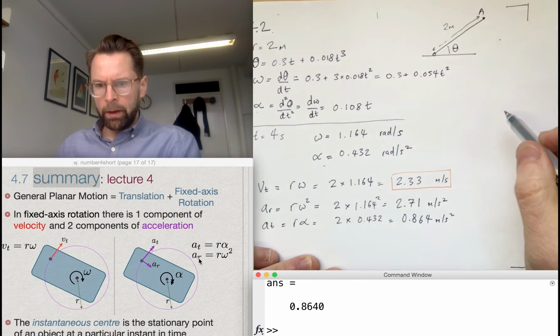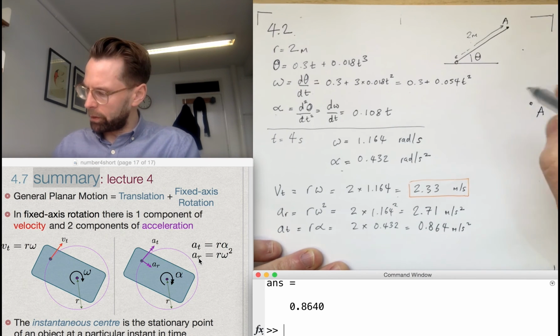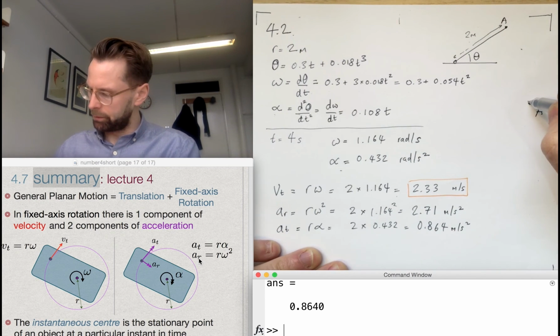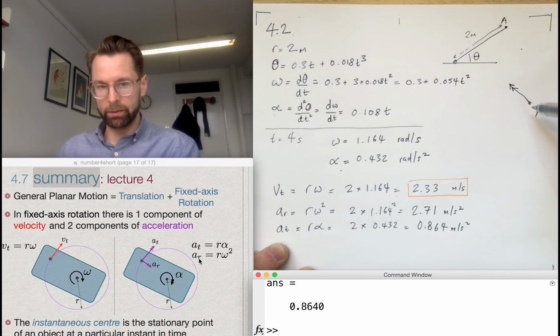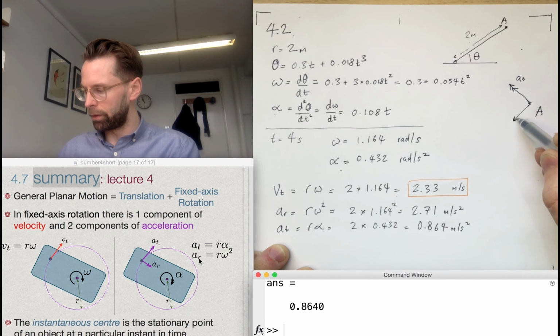So on our diagram of point A, we've got an acceleration. They're both positive, so the tangential component is positive, so it'll be in this direction. That's the AT. Then we know that the radial component is in this direction.